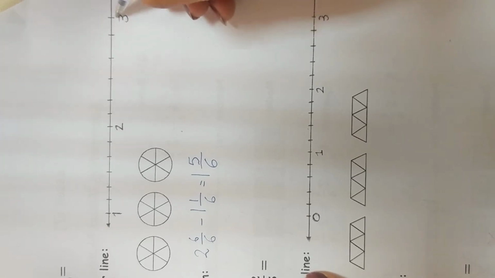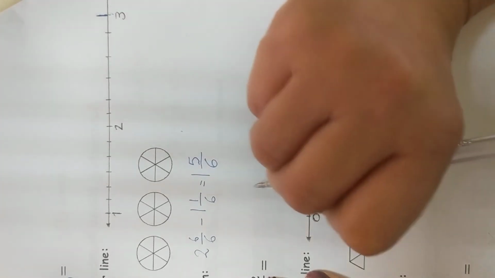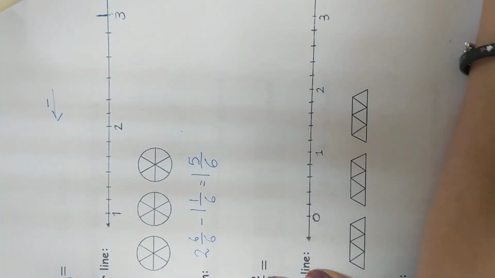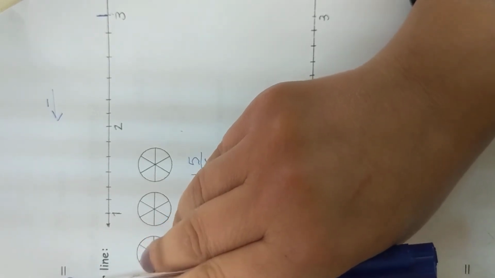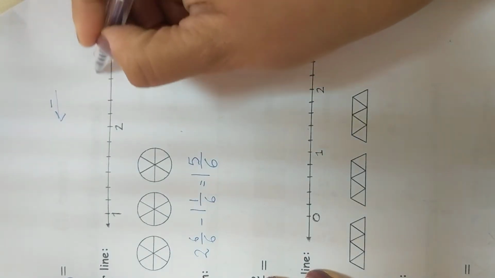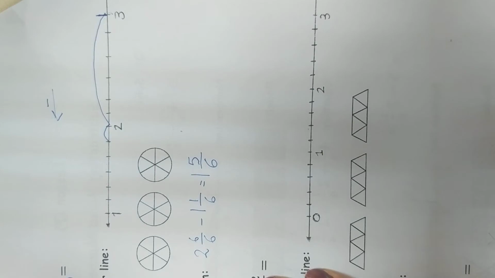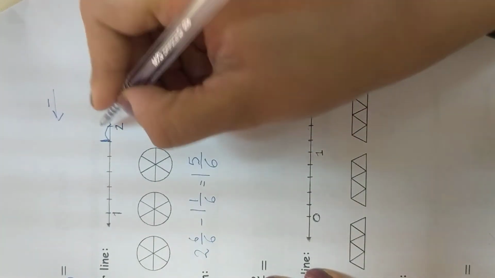I will start here, and then I will go backward because it's subtraction. How many? 1 and 1 small part, 1 out of 6. 1 and 1 over 6. So I will go first 1 to 2 and 1 over 6. Just one part.